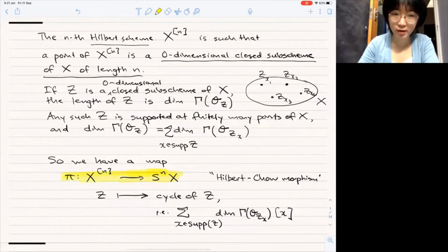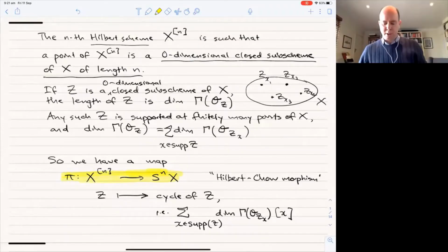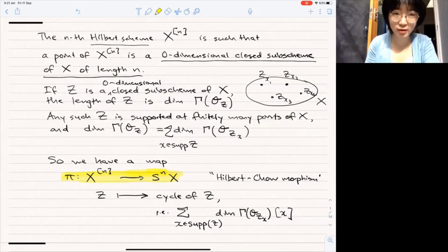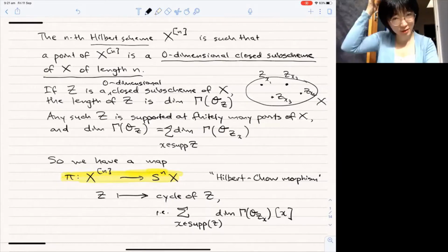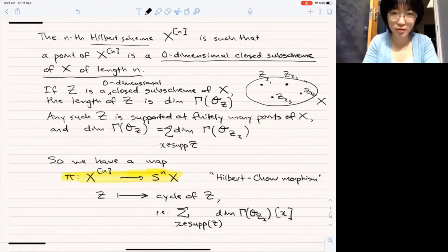Can I ask a technical question? Yes, please do, Lin. So right now you've only defined the C points of X^n. Yes. And it's not enough for a not necessarily reduced scheme. So will you give other different definitions later? Yes.